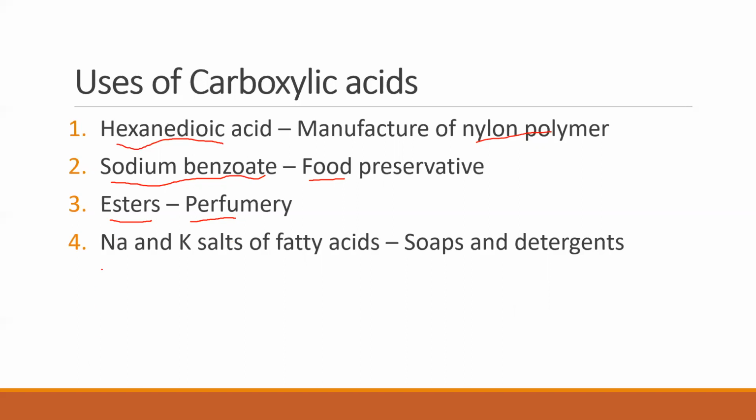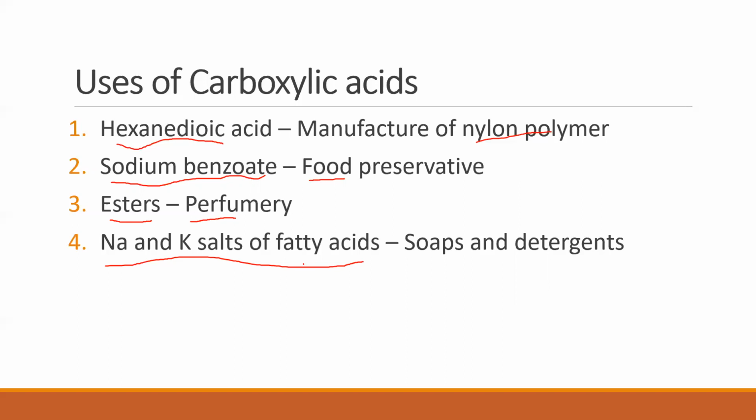And sodium and potassium salts of fatty acids. Now, as the name itself indicates, fatty acids are long chain acids having a long parent chain, hence the name fatty acid.